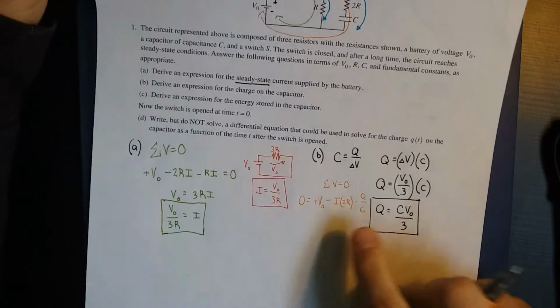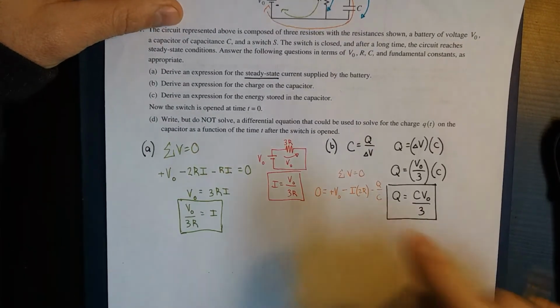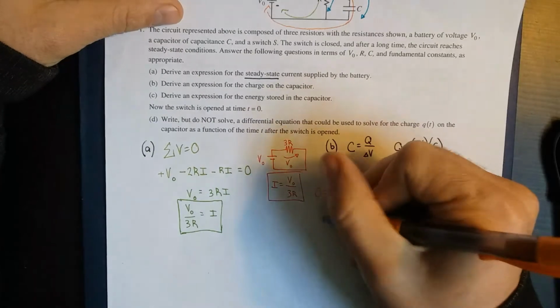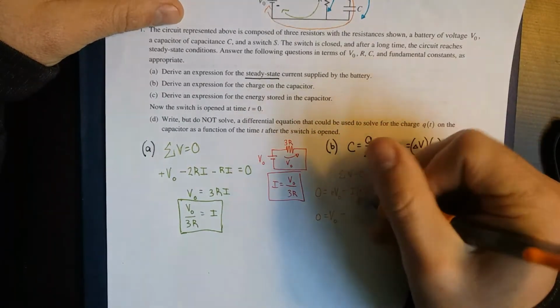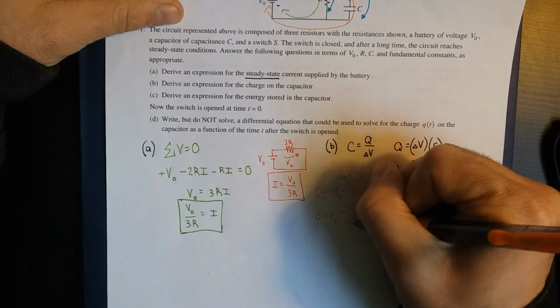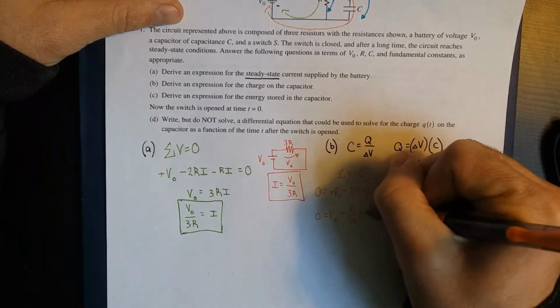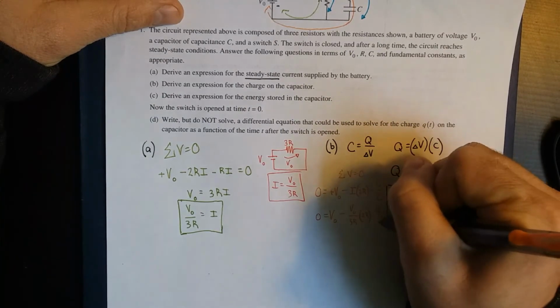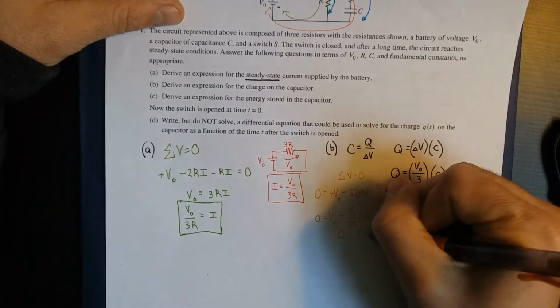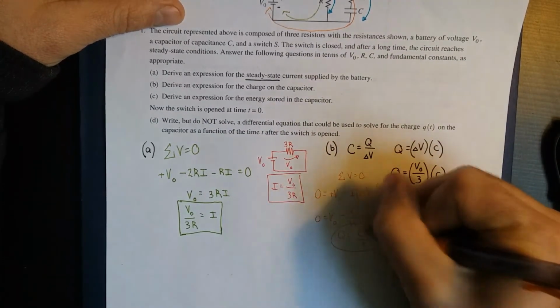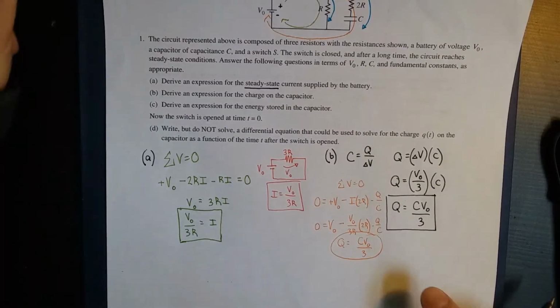You can look at that loop and say, okay, I is V naught over 3R, times 2R, minus Q over C. And solving that out gives us that Q equals C V naught over 3. Just a different way to end up with the same result.